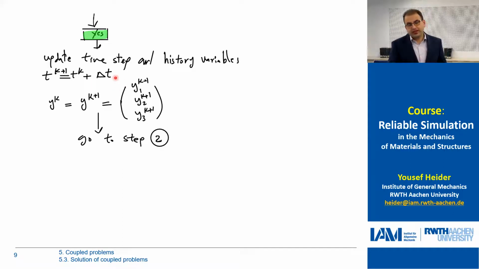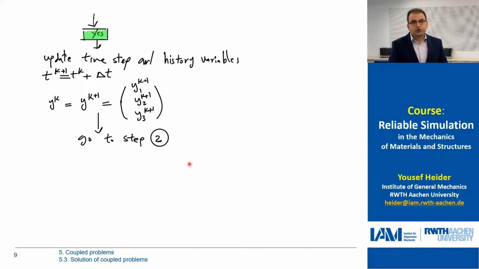It means delta t can also be changed, but in this presentation, I'm assuming that the time step is constant. We update the time step, and then we update the variables. Now the computed variables are known, so we call them yk, and our new unknown will then be yk plus 1. So the new yk would be exactly the yk plus 1 from the previous time step.